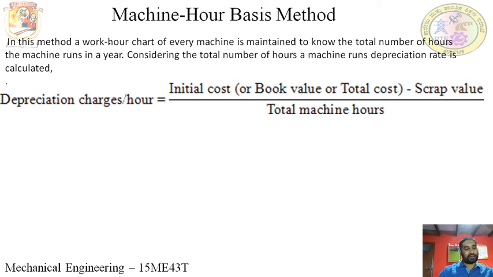So, if a company purchased the machine which is manufacturing the piston for 1 lakh rupees, and it is working 8 hours, then the total number of hours in a year will become 8 per day into 25 days per month, assuming a 5-day holiday. 8 into 25 days will become 200, into 12 months.